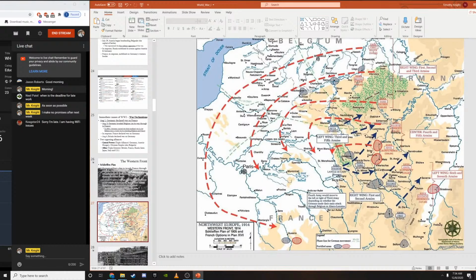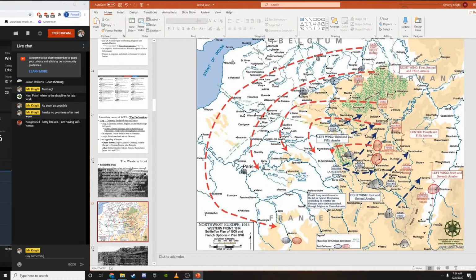There's a number of different rivers that run through kind of northern France here, all right? But the Battle of the Marne takes place, it's kind of tough to read where these are here. I found, here's the Somme, that's another major battle.